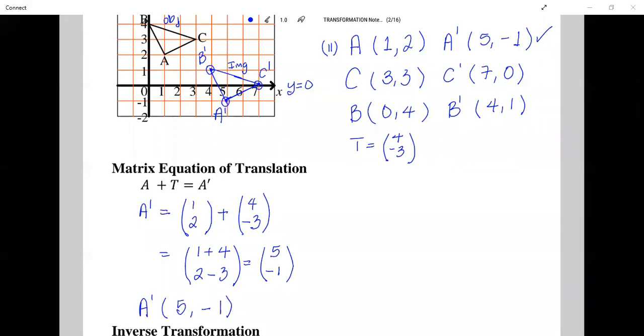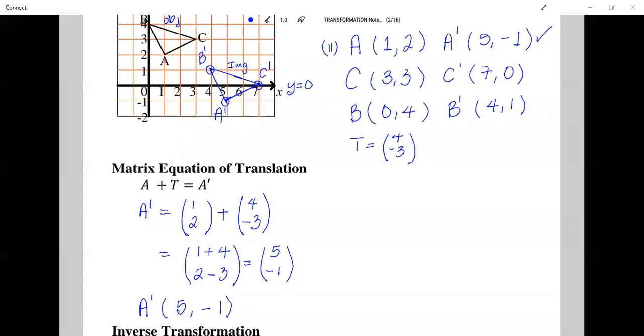This is just showing that the matrix equation for translation works. And the matrix equation for translation is A plus T is equal to A prime, or A prime is equal to A plus T.